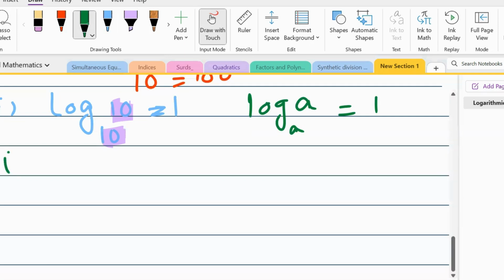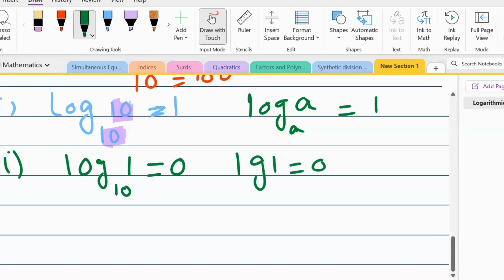The second law states that logarithm of 1 is always 0. We will use these statements to solve questions. You can check with the help of a calculator as well. Or you can write lg 1 is 0.